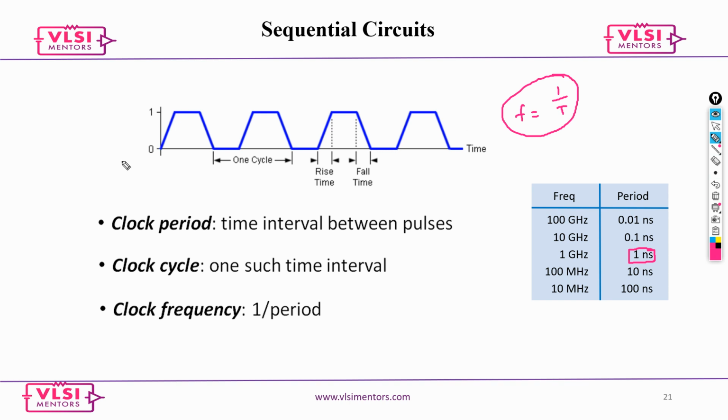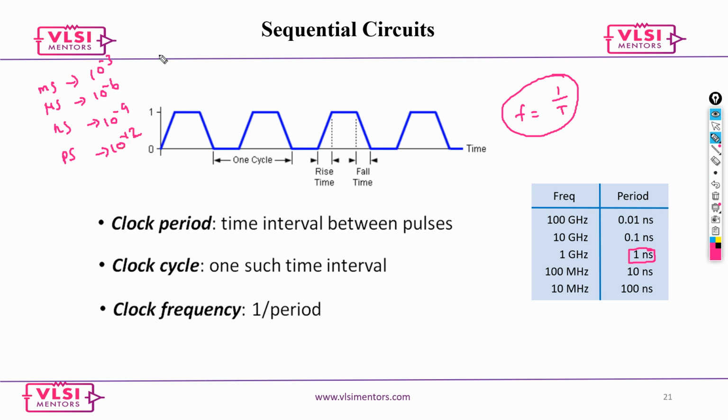Look at it this way: milliseconds, microseconds, nanoseconds, picoseconds. So this is 10 to the power minus 3, 10 to the power minus 6, 10 to the power minus 9, and 10 to the power minus 12.